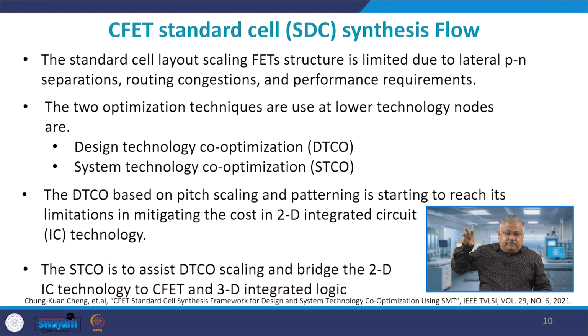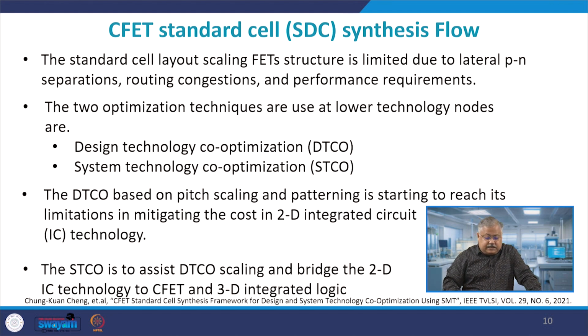So you basically fix the performance requirement, work your way backwards, check for routing congestion, and then finally look at what minimum amount of lateral PN separation you need to maintain without causing any adverse effect on the CFET standard cell library, right?